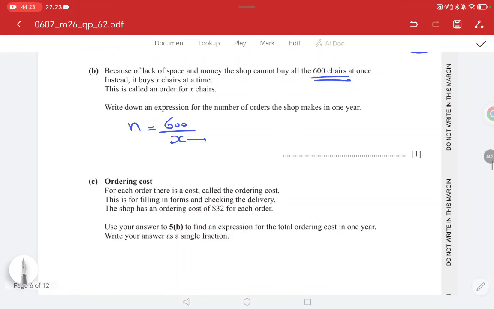For example, if they order all 600 once, they will have only one order, 600 over 600 is 1. If they order, let's say, 300, they will make 2 orders, each of them 300, and so on. So this is the formula: n equals 600 over x. This is called an order for x.